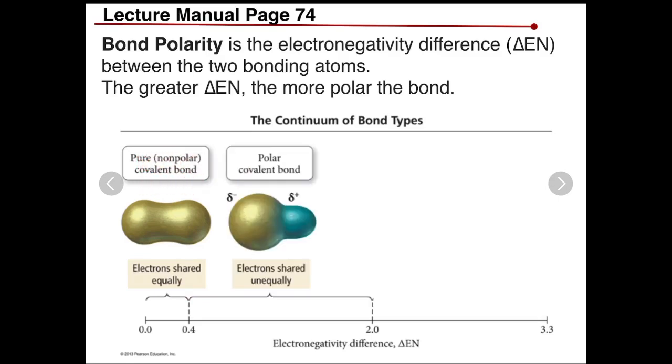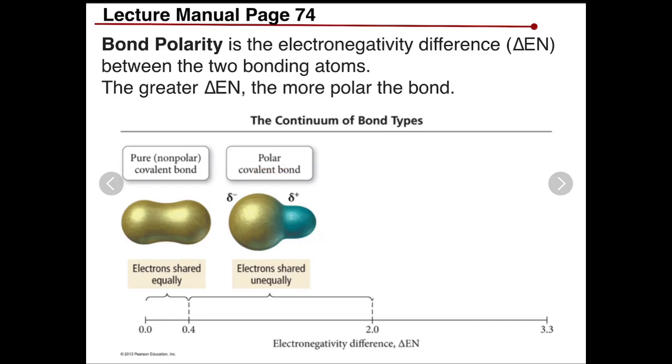However, if the difference in electronegativity is greater than 0.4 up to 2, it indicates that the bond between the two atoms is polar, and they are sharing electrons unequally. These are still considered covalent bonds because they are still sharing electrons. Electrons have not completely transferred yet. One shares equally, which we call non-polar covalent bond. The other shares unequally, which we call polar covalent bond.